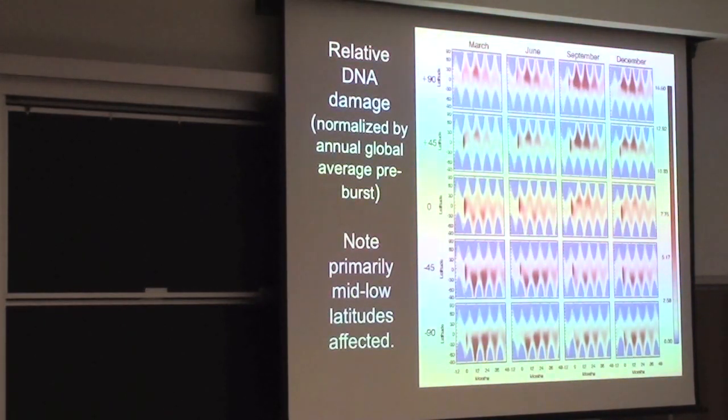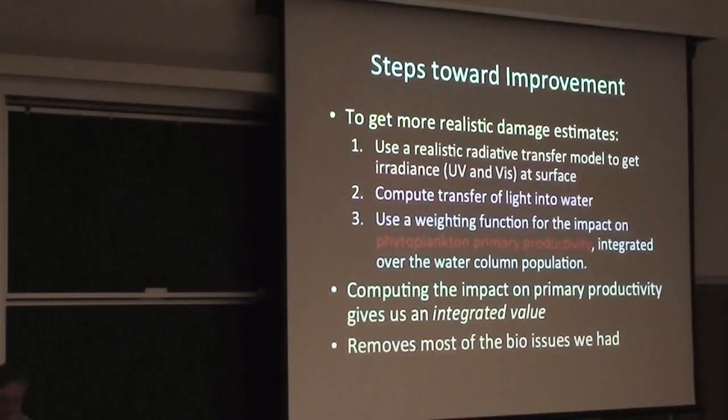So improving on that is what I've been working on recently. And there's two components. One is looking in more detail at the transfer of the radiation through the atmosphere, because it turns out that there's more than just one absorbing constituent, and there's aerosols that scatter and things like that. And then combining that with new and better functions that define the biological component.